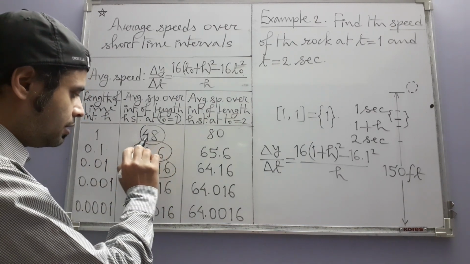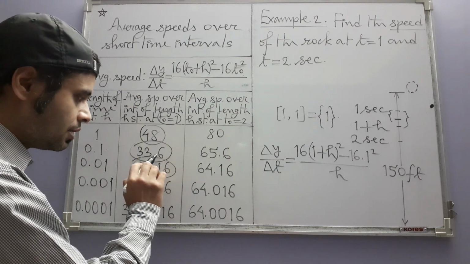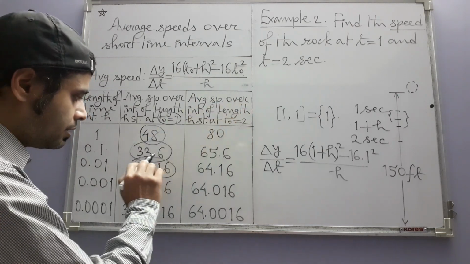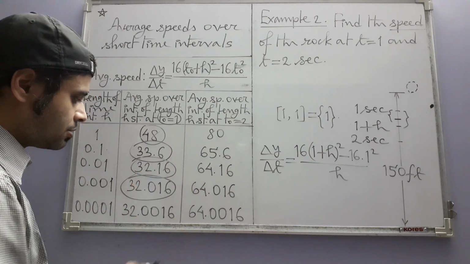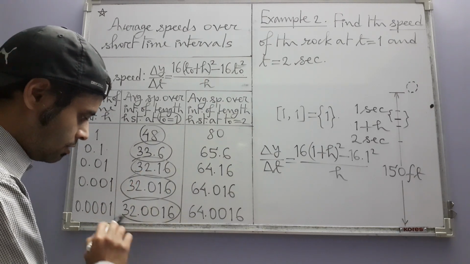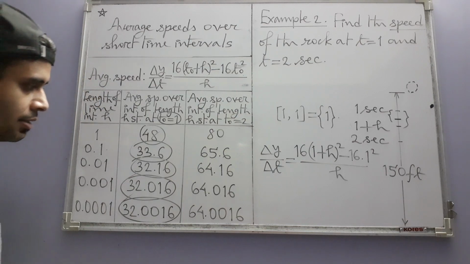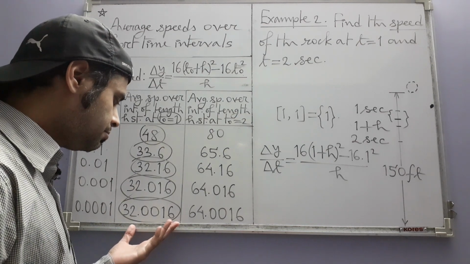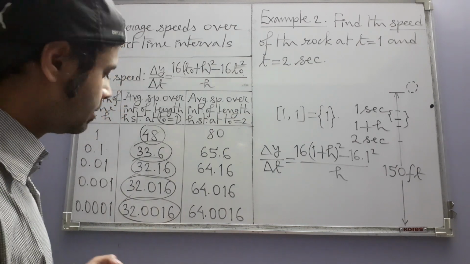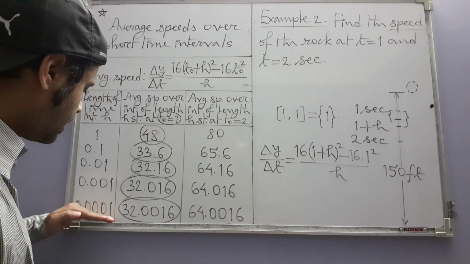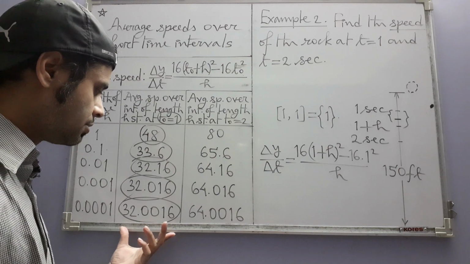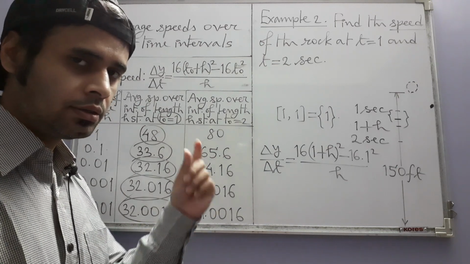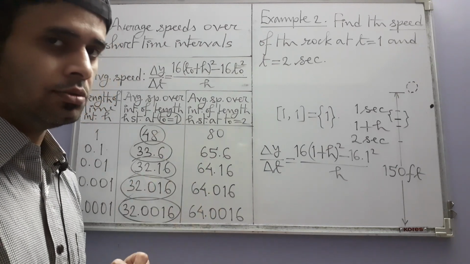From 48 it came down to 33.6 in the second interval, then in the third interval 32.16, then 32.016, 32.0016. And you can of course see that there is a pattern, and you can guess that if one continues to do so, these values seem to approach the number 32.